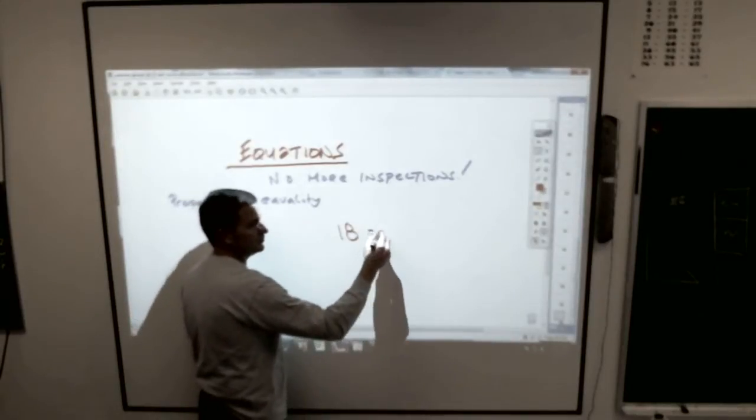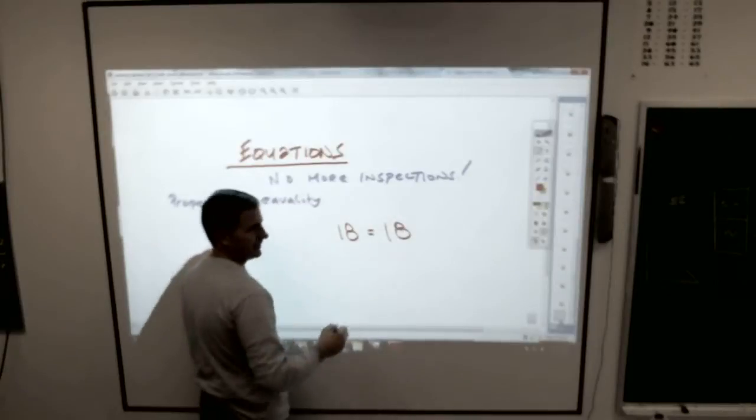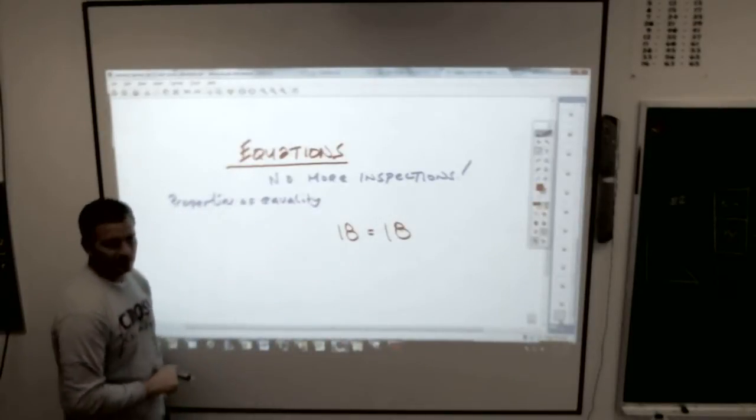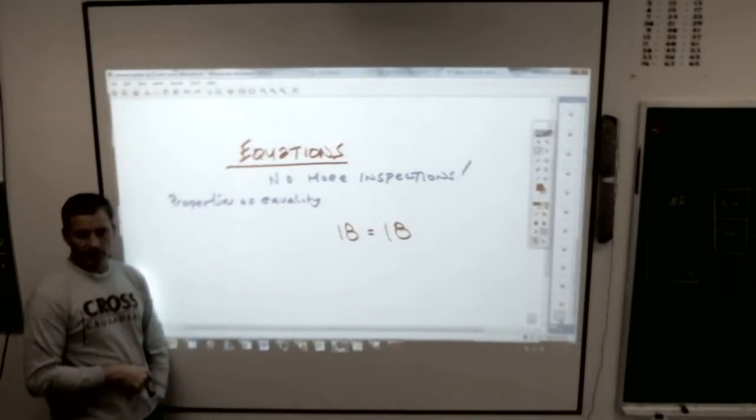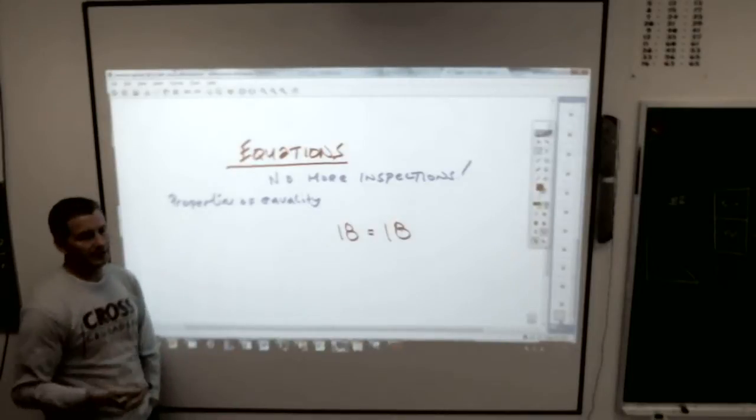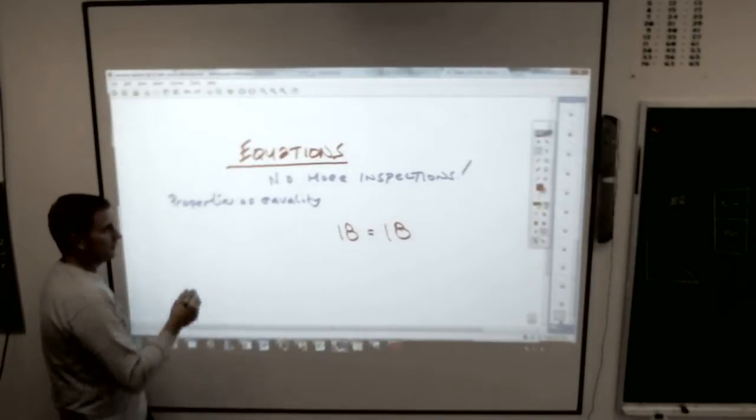18 equals 18. That's pretty simple, isn't it? Nothing left to doubt there. The properties of equality tell you this, okay?